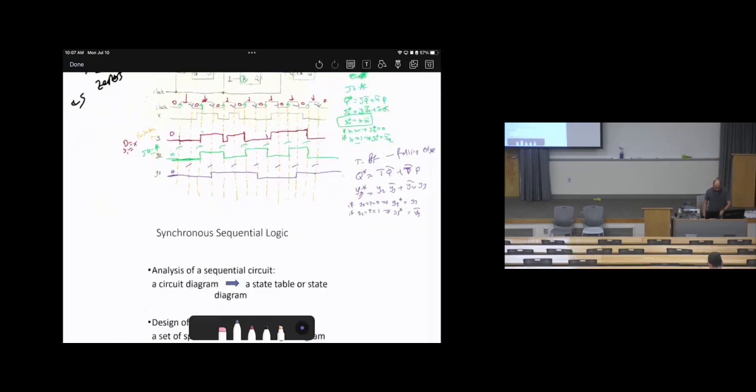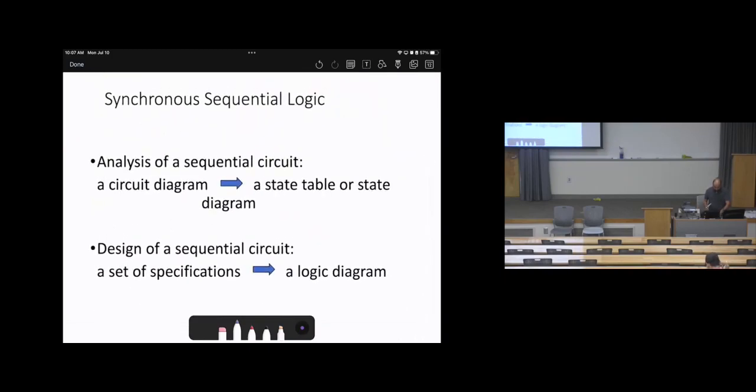Okay. Let's go to another topic, or keep talking about synchronous sequential logic. So far, we already discussed the memory elements, or the storage elements. I mentioned that a sequential logic circuit must have a storage element.